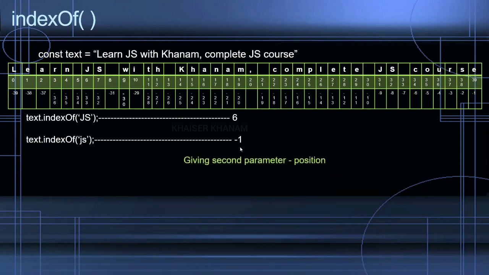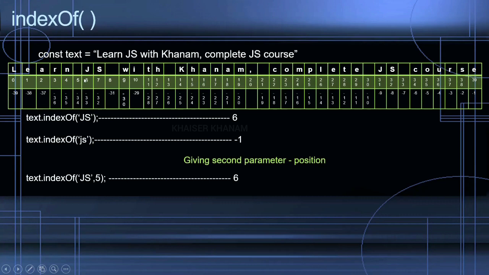Now using the second parameter, that is position, I am telling from where I have to start searching. If I give JS with 5, I am starting from the 5th position, and I look for where my JS is. If you notice, here I have JS and here also I have JS.